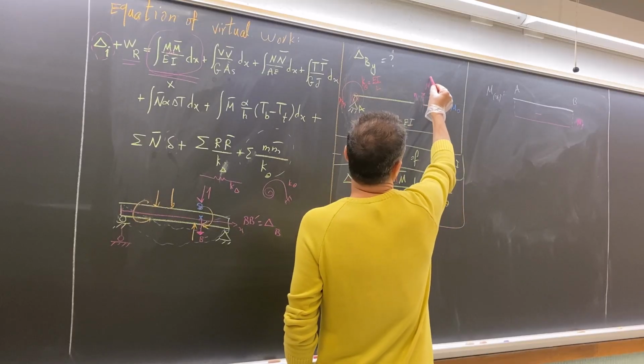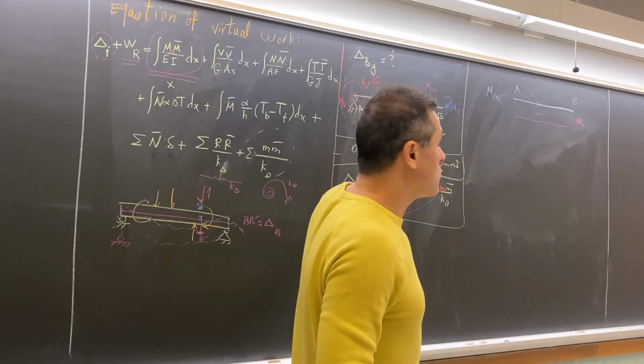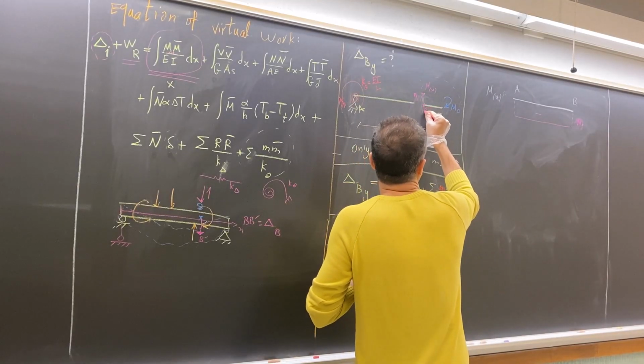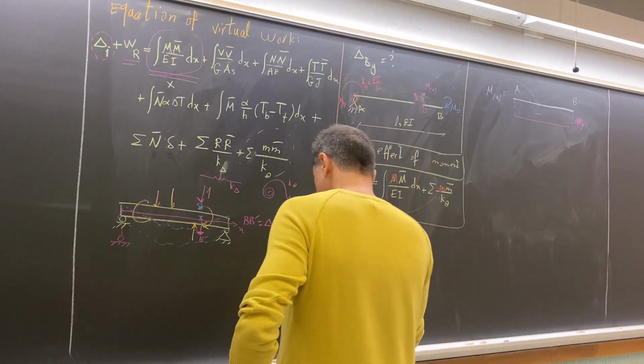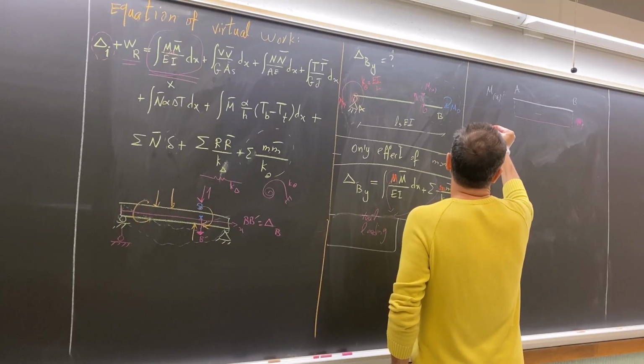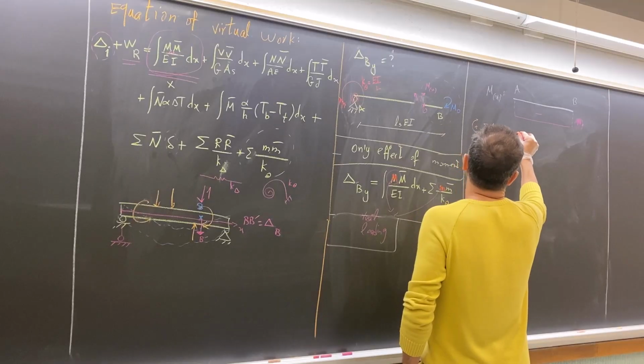And then you consider this free body diagram, and you write sigma M is equal to 0 about this point, if I call it point O, for example. So let's do it. Sigma M about point O is 0 from statics.